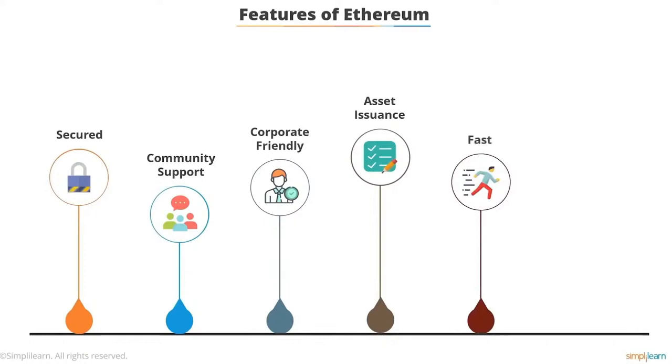While Bitcoin requires a block time of 10 minutes, in Ethereum it's only a few seconds. The last feature that we will discuss is the fact that Ethereum is uncensored. Ethereum's open source network allows complete transparency to view every transaction. All right, that's all about the features of Ethereum. Let me tell you about an important concept in Ethereum called gas.